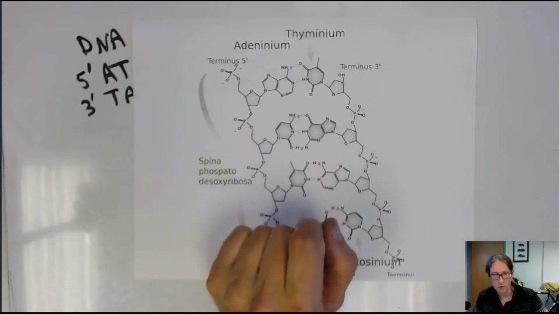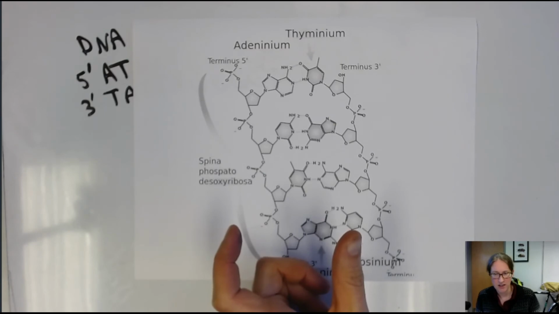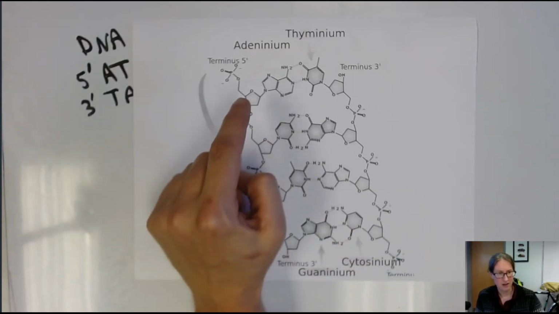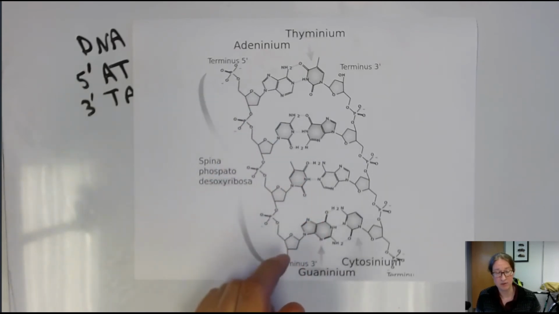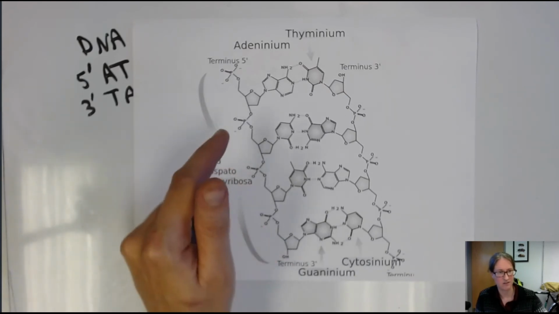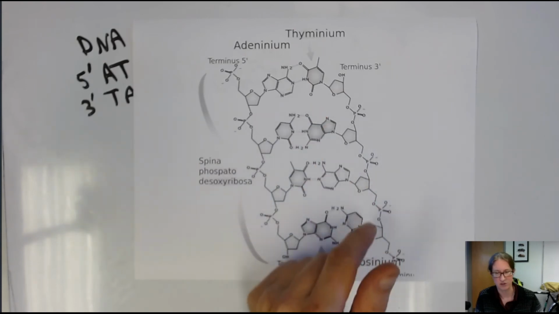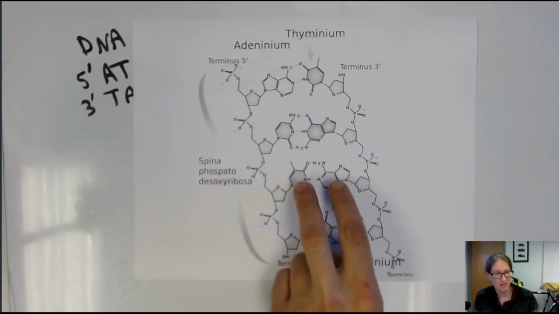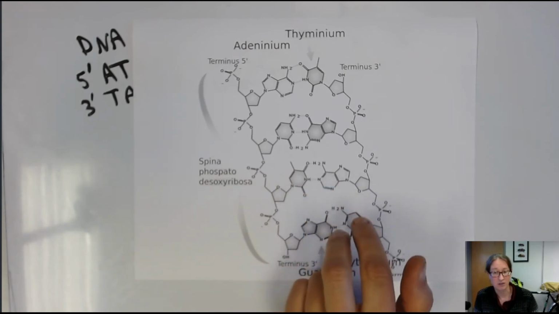And a thing I want to highlight from this picture is that the bonds holding together one of these carbon phosphate backbones are all covalent bonds, right? So this is all a set of covalent bonds within one of these strands, and same thing within the other strand. However, the bond that holds these nitrogenous bases together are hydrogen bonds.